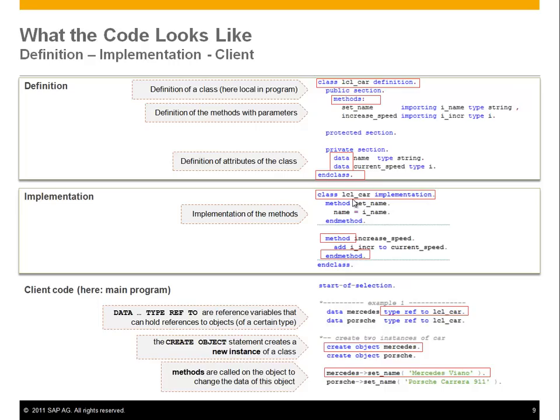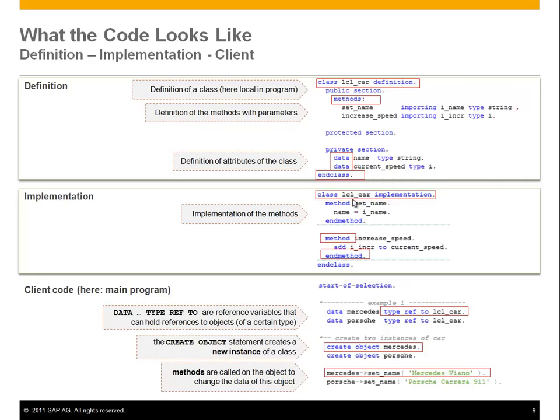This is also one thing that is different from function code: there is a separation of the definition of something and then the implementation. Here you see the implementation of the class. It says class, same name, implementation. Typically you put that below, and you have to because the definition needs to be there before. Then you have method and endmethod statements for each method that needs an implementation. So you have set name, and it gets an iname as a parameter, and just assigns it to that attribute. Really simple.